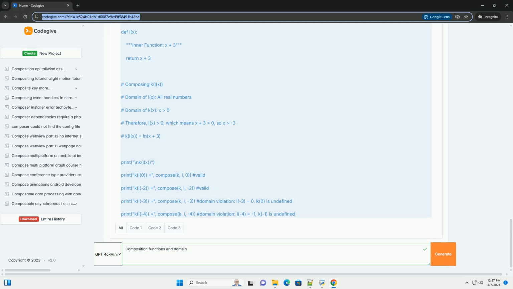Therefore, we need j(x) ≠ 0, which means x^2 - 4 ≠ 0, so x ≠ 2 and x ≠ -2.